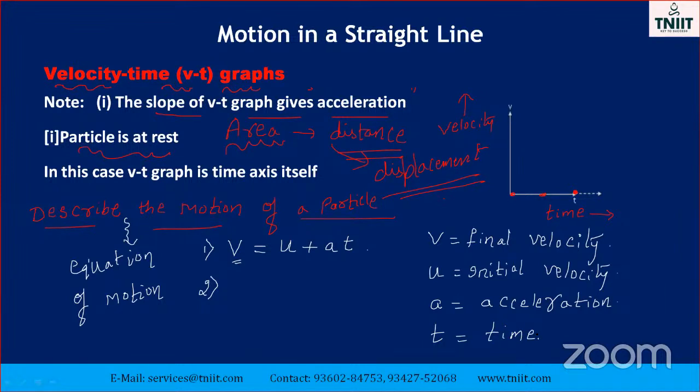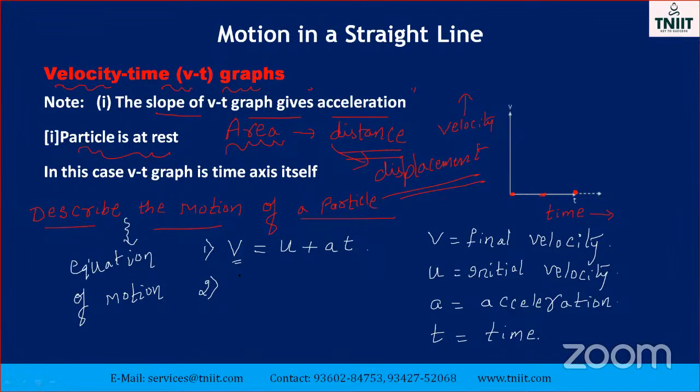So in the equation V is equal to U plus AT, V is called the final velocity, U is the initial velocity, A is the acceleration and T is the time. Please remember this, students. V represents the final velocity, U represents initial velocity, A represents acceleration, T represents the time.